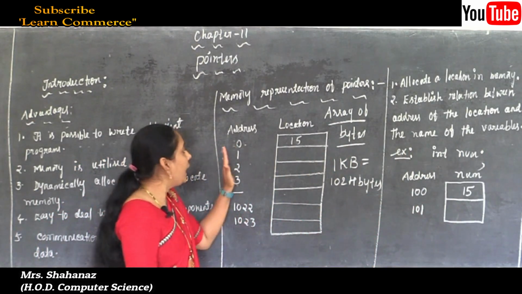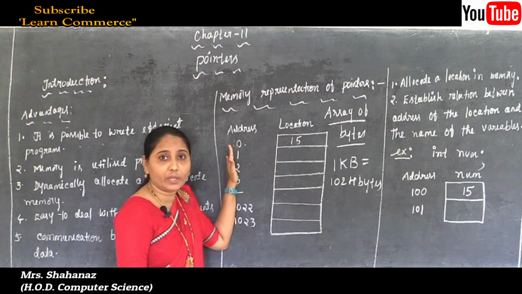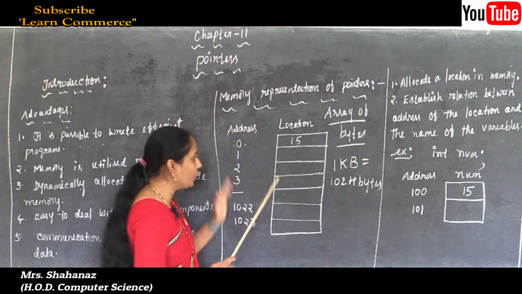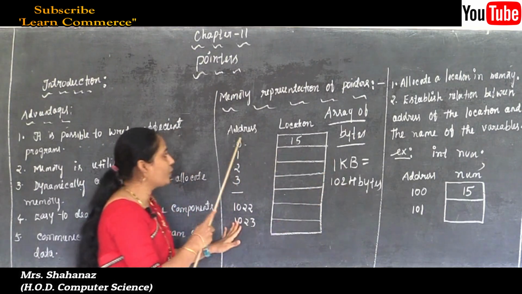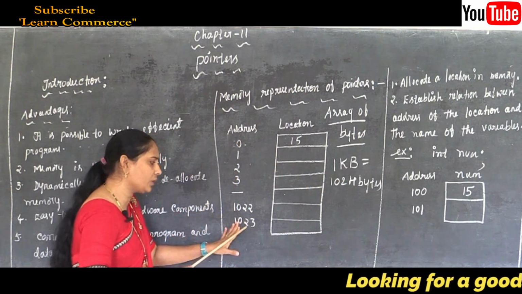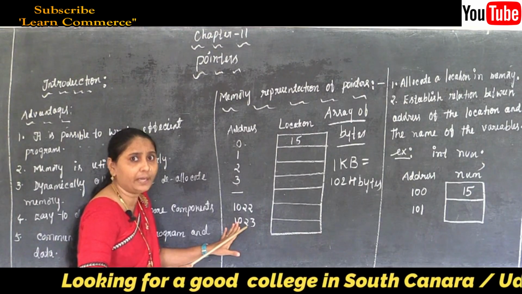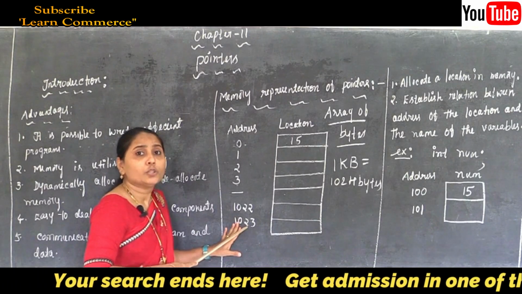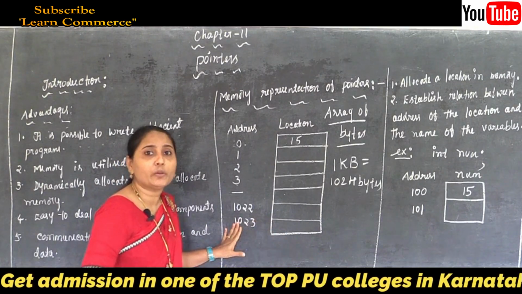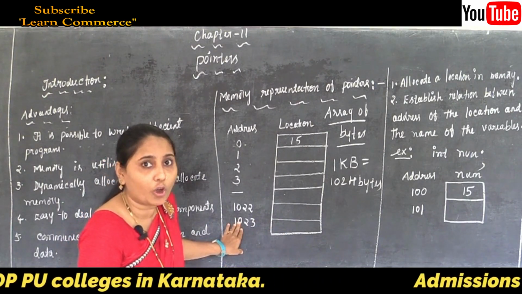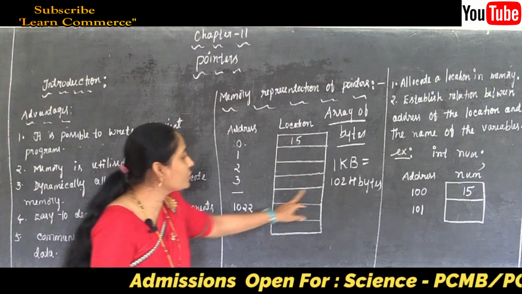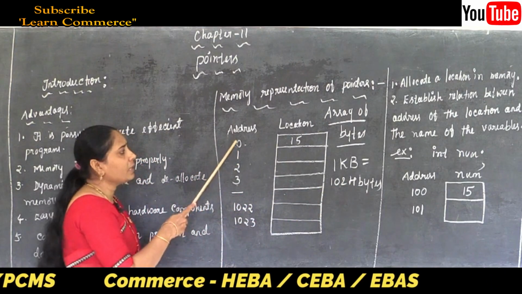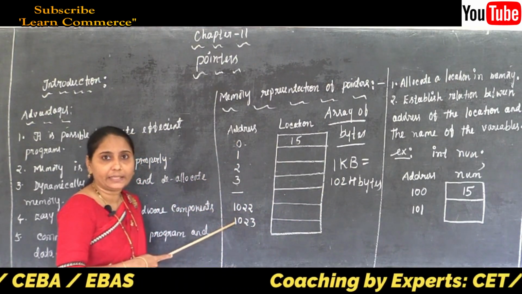Clear this point here? And how am I going to view the memory as an array of locations of bytes, 1024? Correct? Why? Because it starts from 0 to 1023, but you should remember that while counting, we start from 1. So the memory can be viewed as an array of 1024 byte locations with the subscript range 0 to 1023. Clear this point?